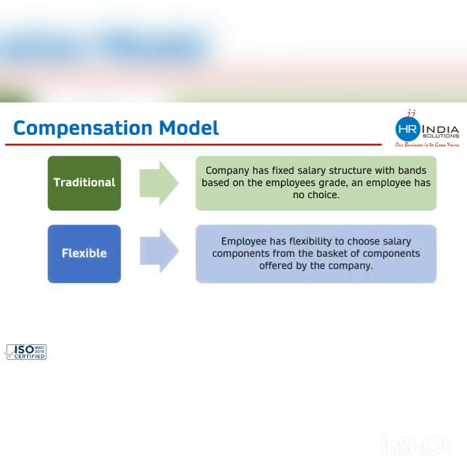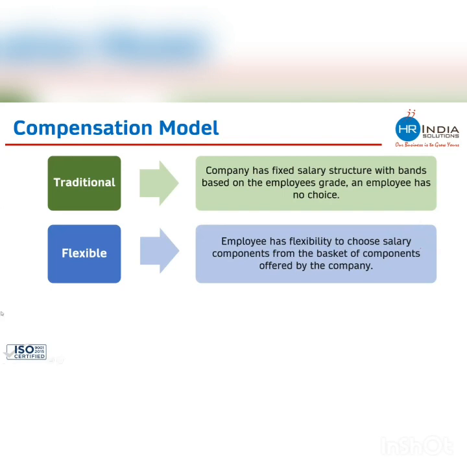The next compensation model is the flexible compensation model. As the name suggests, the employee has the flexibility to choose the salary components from the basket of components offered by the company. Here, in the flexible compensation model, usually the company decides the basic salary, the base pay, the fixed part of the employee, and they allow the employee to pick the allowances from the available basket of allowances which the company is offering.